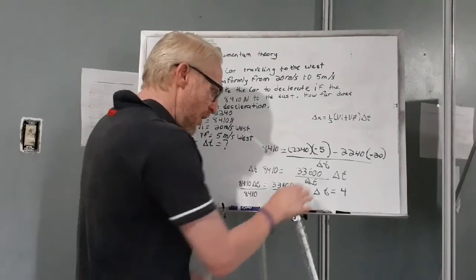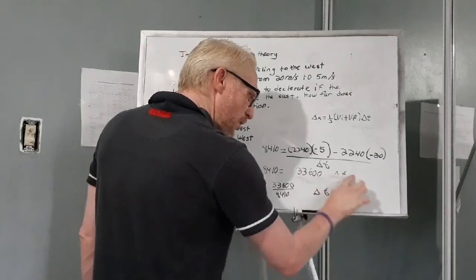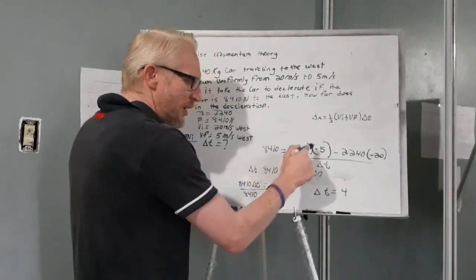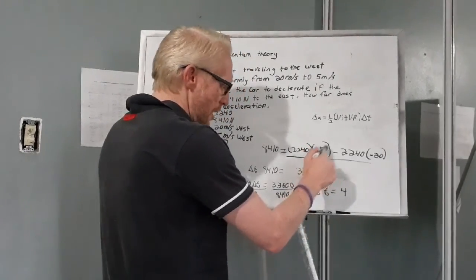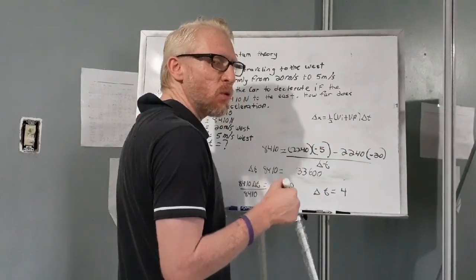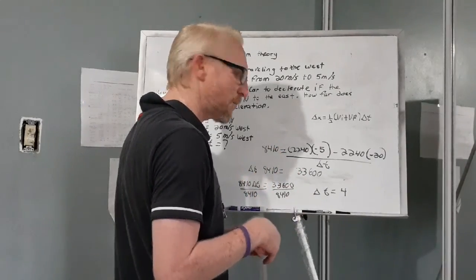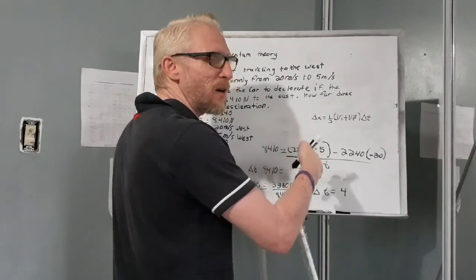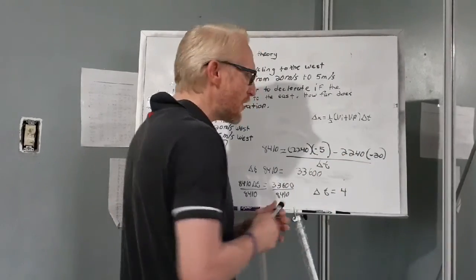So what am I going to do? Let me erase this real quick so you guys know what I did, and then I can break it down one more time. What I did was multiply 2,240 times -5, and that's approximately -11,200, and minus 2,240 times -20, which is -44,800. So -11,200 is what I got from this, minus -44,800, which is what I got here.